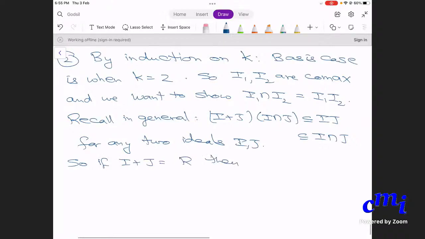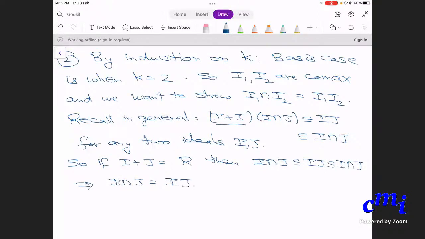This becomes R. So what is R times any ideal? R times any ideal is just that ideal itself. So it just says I intersect J is contained in IJ is contained in I intersect J. That means all of them must be equal, which means I intersect J equals IJ. That's what we're trying to show: I1 intersect I2 equals I1 I2 if I1 and I2 are co-maximal. Here I called it I and J, but whatever, you could call it I1. So we have done the basis case.